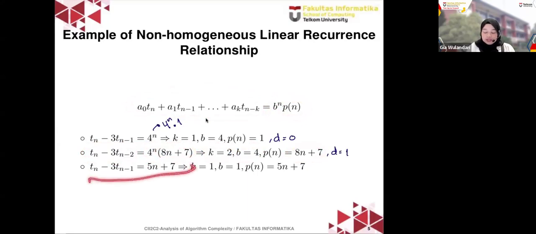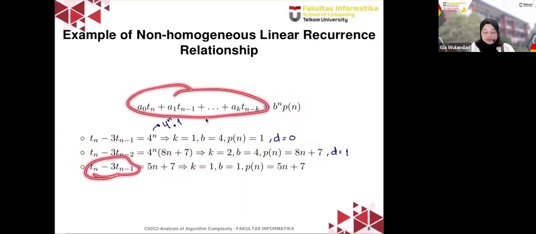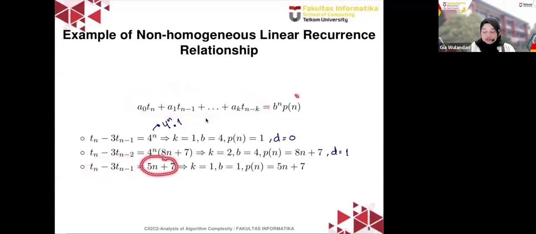Another example, here we have, this is the left-hand side part. This is the right-hand side part. And because we cannot see something to the power n, of course we know that 1 to n is equal to 1, right? So this can be written as 1 to n times 5n plus 7.